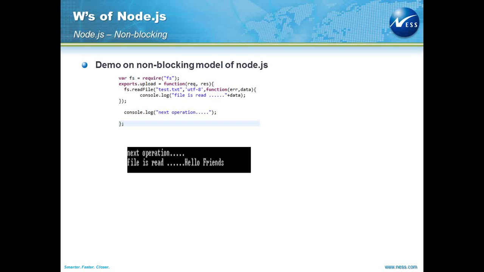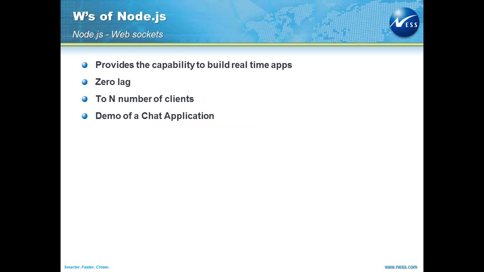So what you see in the output is next operation and then file is read. You could do other processing that does not need your I/O to be completed, which is the power of a non-blocking model.